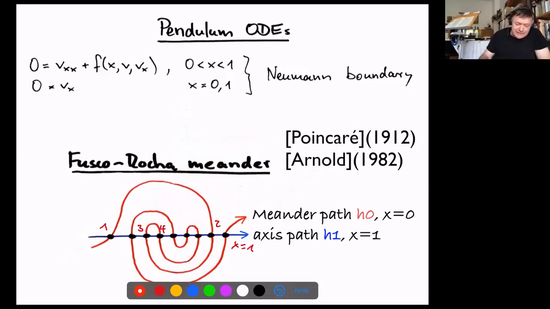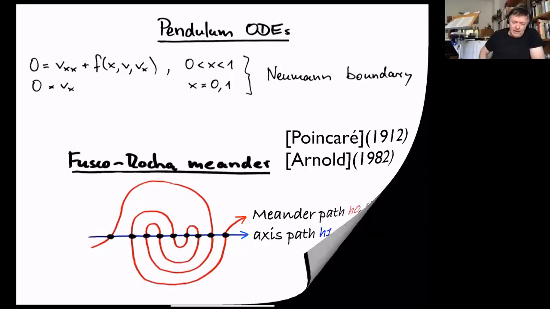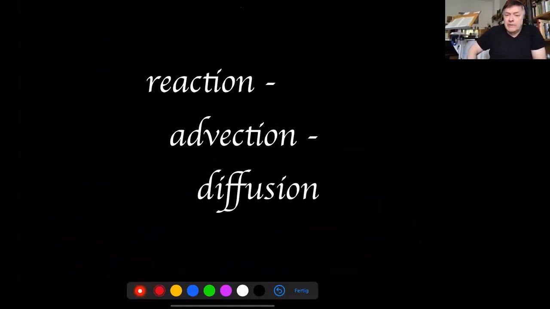And each intersection point, the black solid point, is, of course, one solution of the Neumann boundary value problem. So this is an if and only if characterization. This is how meanders enter the question of arrangements of solutions of boundary value problems to a second order ODE. And for example, there's a question which permutations could arise there.